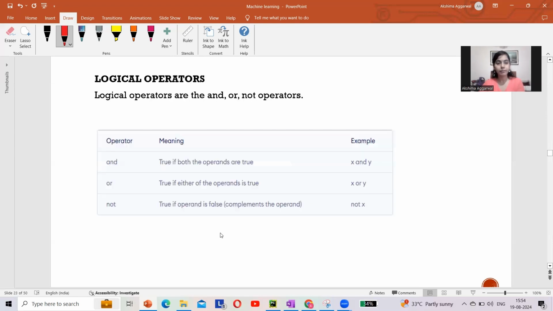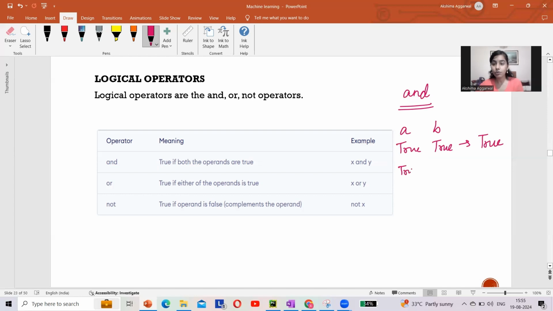Next are the logical operators. Logical operators compare two values. In the case of AND, if we compare two values, for example A and B: if A is true and B is also true, it gives you true.